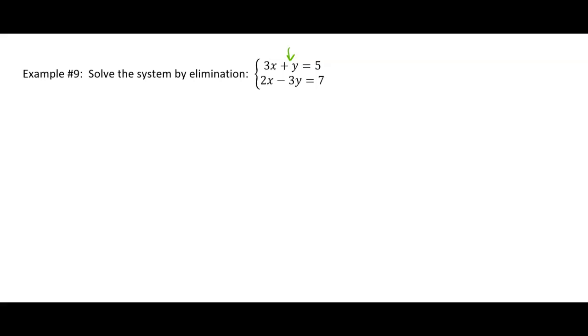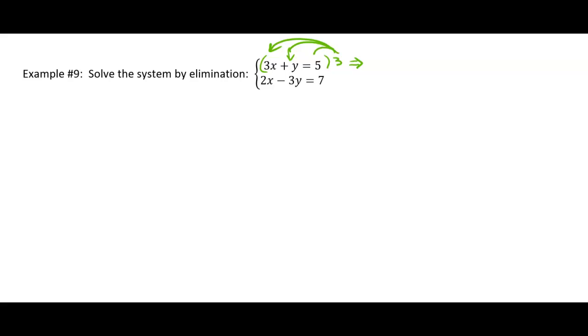Well, there's great news for us. We can multiply an equation by any real number, as long as it's not 0, on both sides. So I'm going to take that equation, and I'm going to multiply the whole equation by 3, and I'm going to get a new equation. Now, when I do this, I have to distribute to every term.